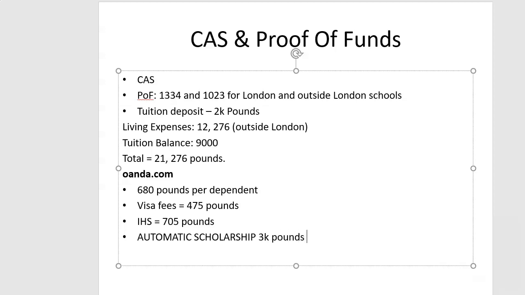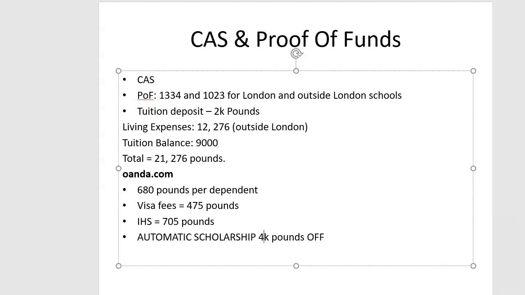From 15 we can actually get you £4,000 scholarship. Then you pay the £2,000 deposit, so we are left with £11,000 for your masters. Don't forget, please.